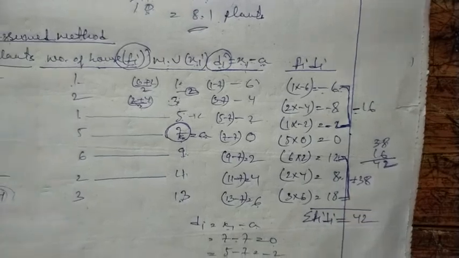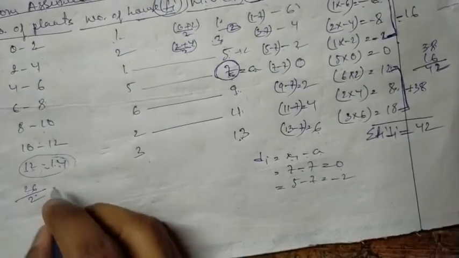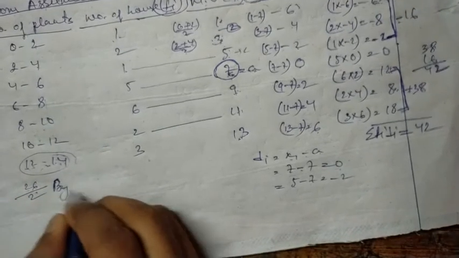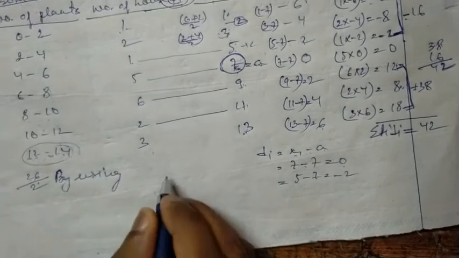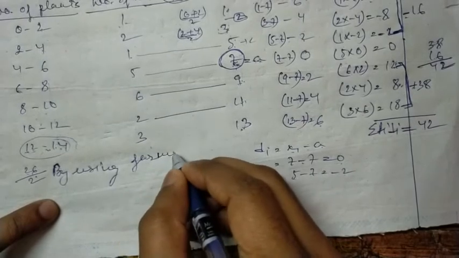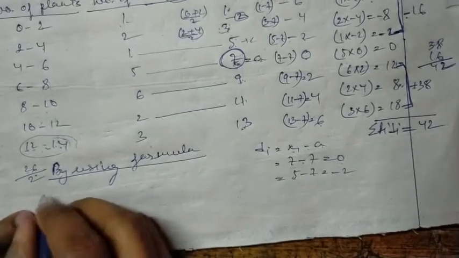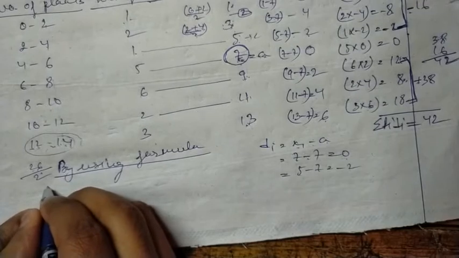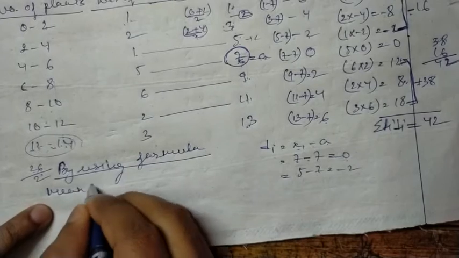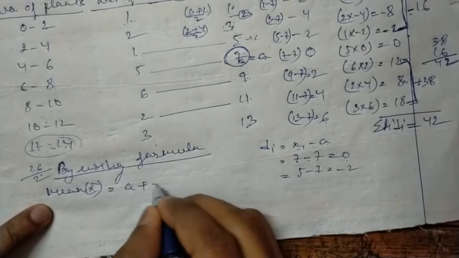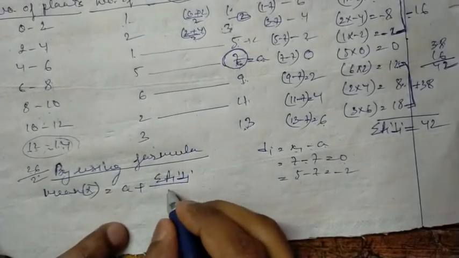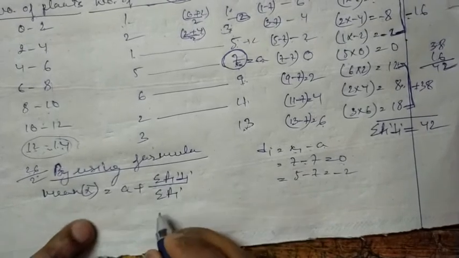Okay, now by using the formula we get mean is equal to a plus sigma fi di divided by sigma fi.